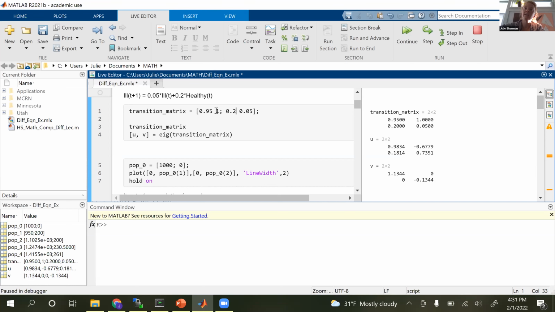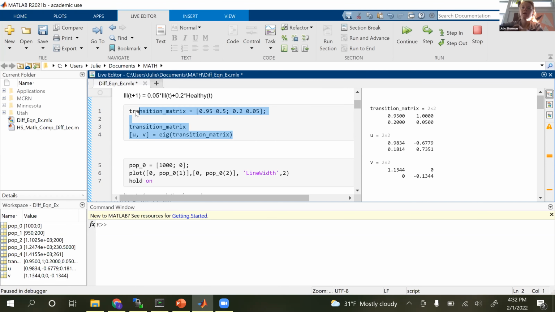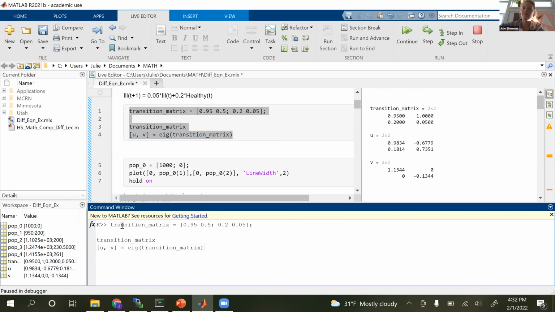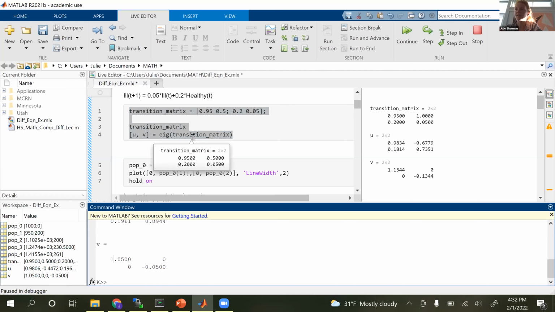Let's say that instead of 1 offspring a year, they only reproduce half an offspring per year, then our eigenvalue is still greater than 1, but it's not growing as fast. And we can see how the effects of other parameter changes might influence our growth.